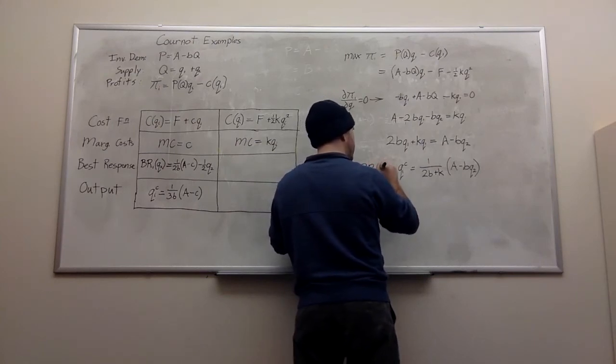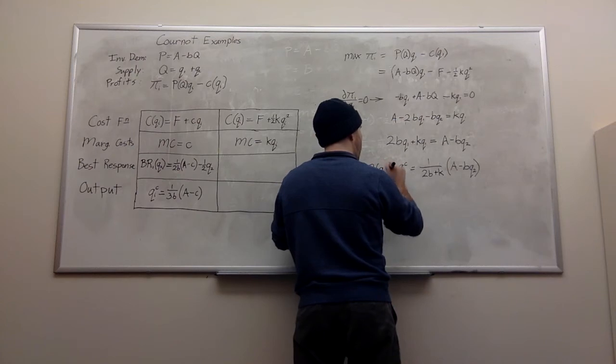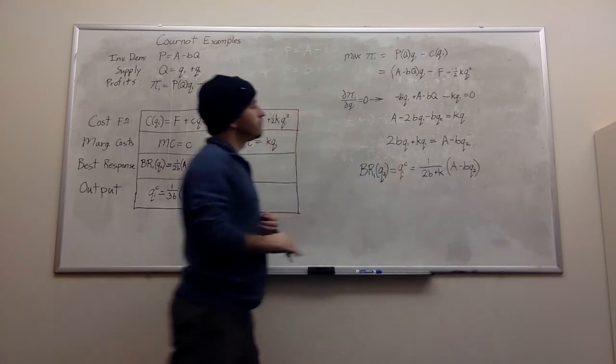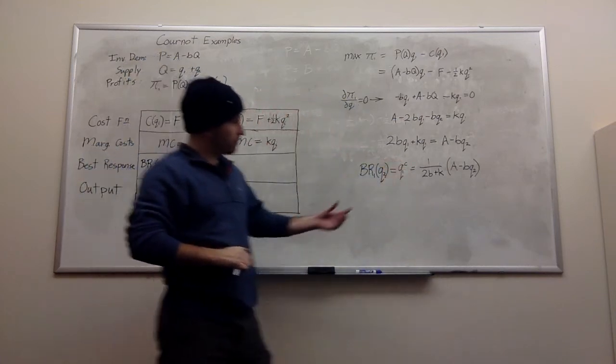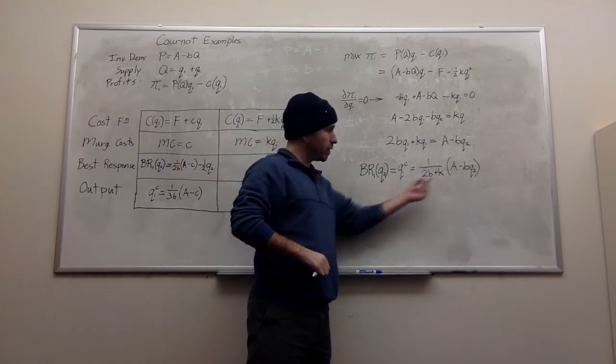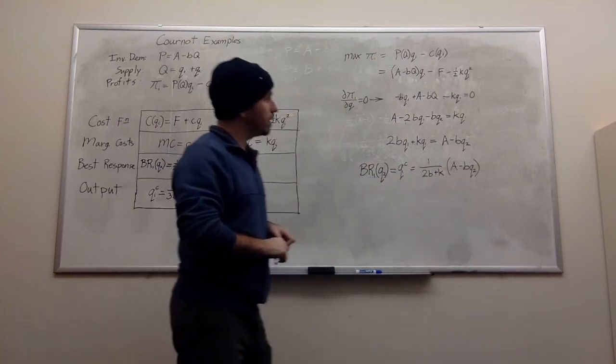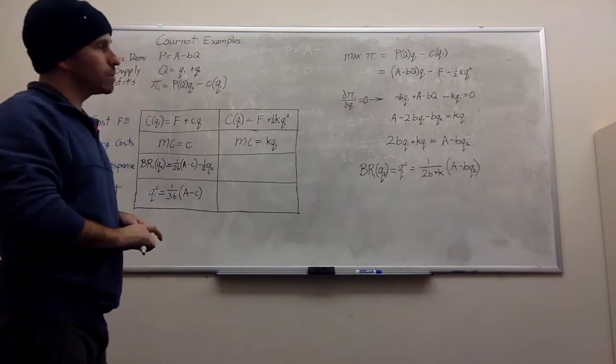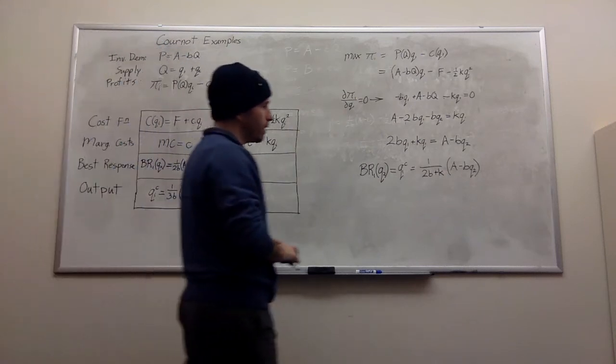Didn't leave myself room for the subscript. So as before, that's the best response function from one's choice of Q1 in response to a given quantity chosen by their rival.